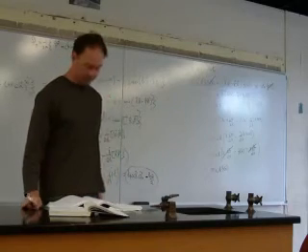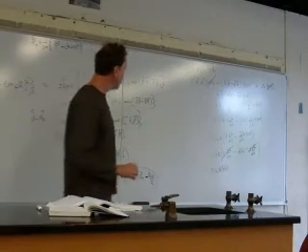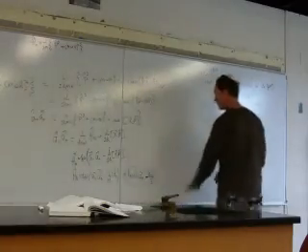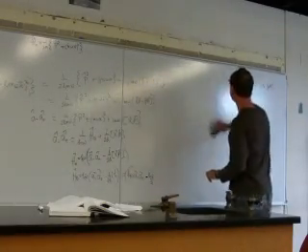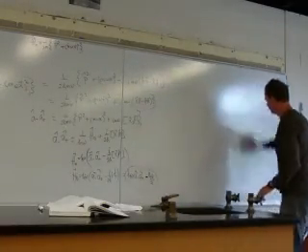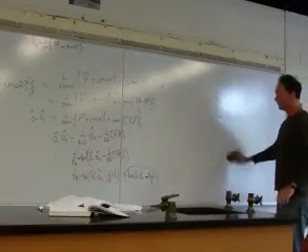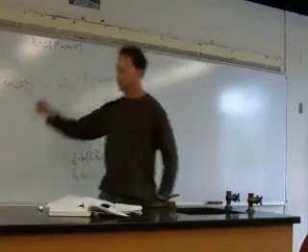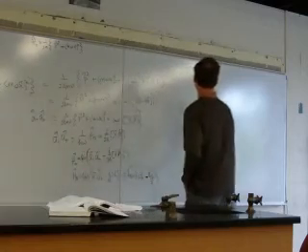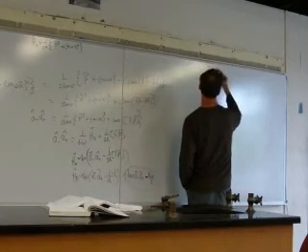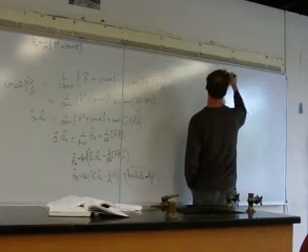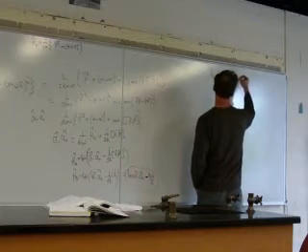All right? And so here's the scoop. When you've gone through and done all that, we initially were trying to solve what? We were trying to solve H0 psi n equals En psi n.